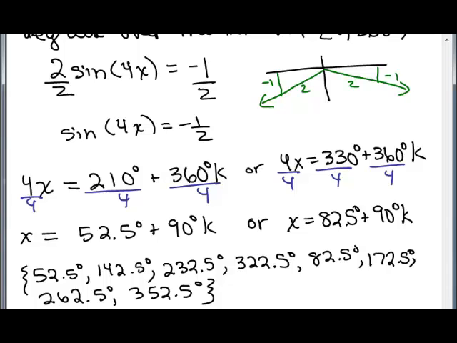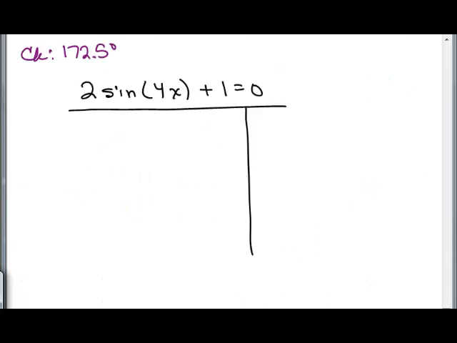Now we can check one of these. The only way you know for sure whether they're all right is you'd have to check all of them. Let's go ahead and just check one of them. Let's do the 172.5 degrees. So let's just plug in 172.5 degrees for x.